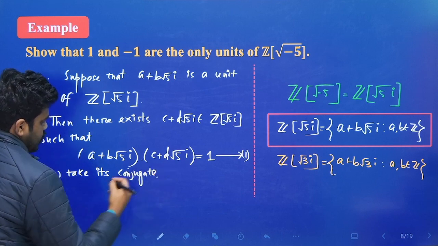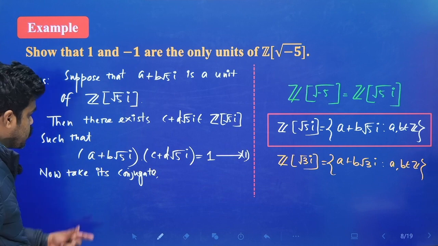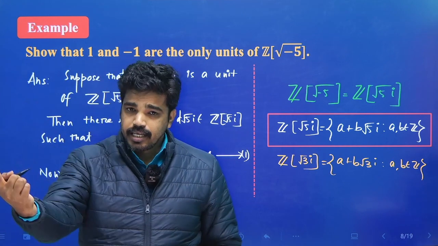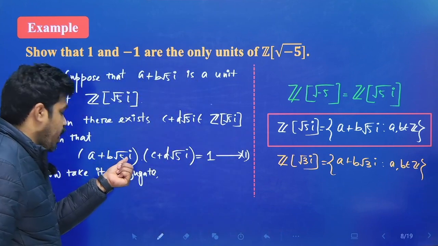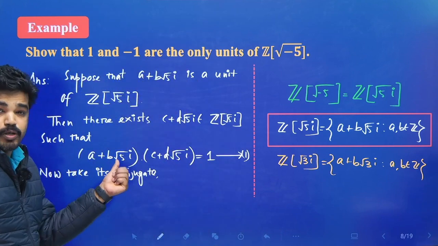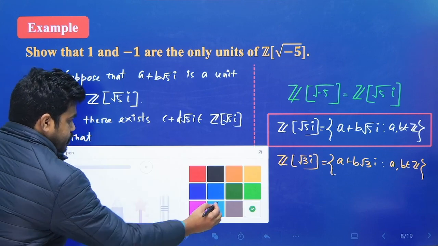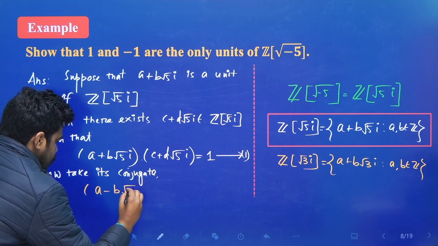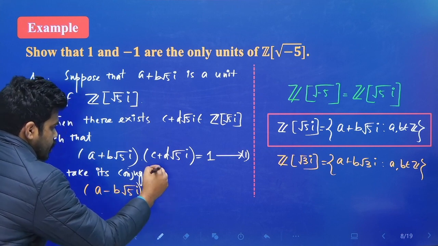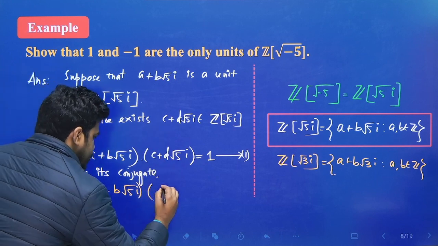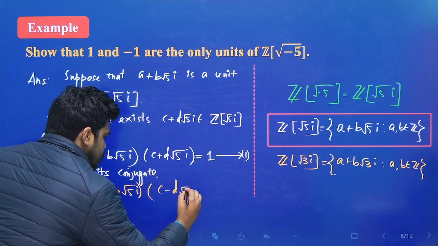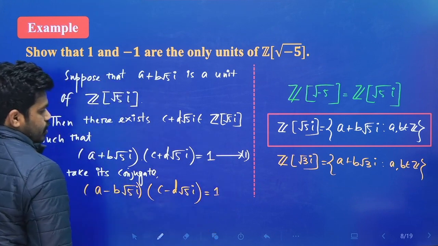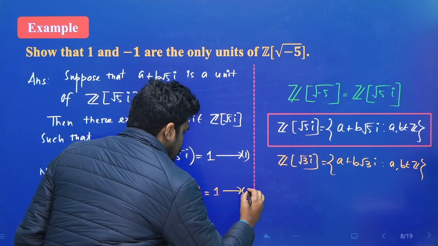What do we get if we take the conjugate? The conjugate of a plus ib is a minus ib, so the conjugate of a plus b root 5i will be a minus b root 5i. So if we take the conjugate, we get a minus b root 5i into c minus d root 5i, the conjugate of c plus d root 5i, equal to the conjugate of 1, that means 1. So suppose this is equation 2.